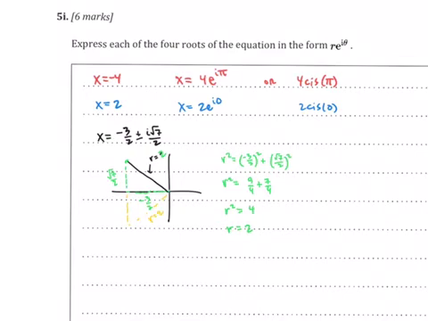So I know for x equals negative 3/2 plus root 7 over 2, this will be 2e to the i something, right? And same thing will be true for its buddy down here in quadrant 3, but the angle is going to be slightly different. So now we got to do a little calculation here.